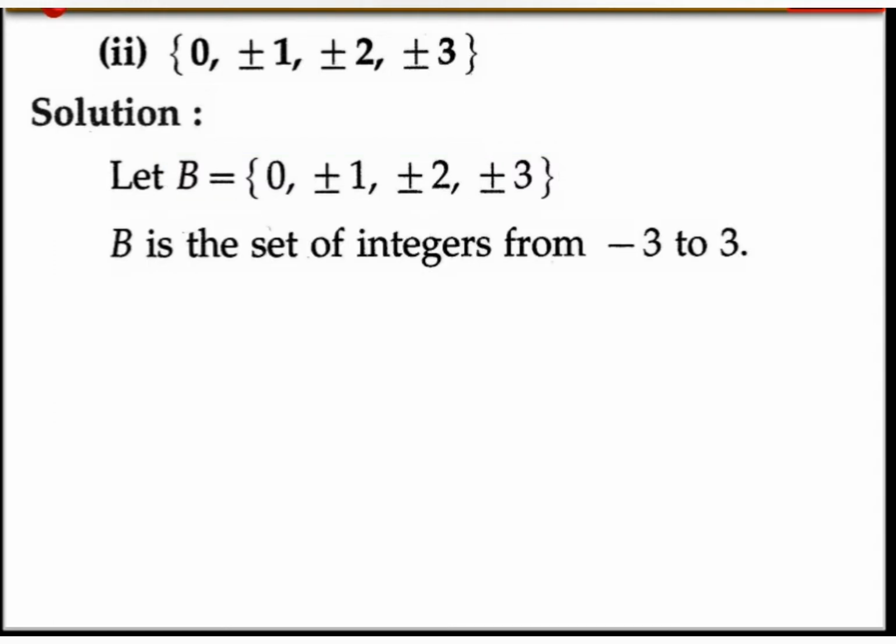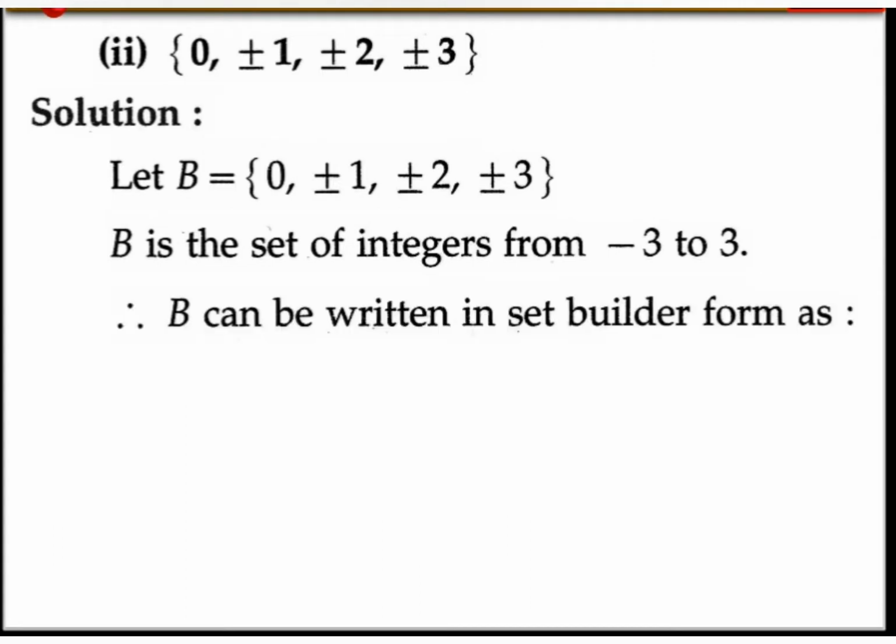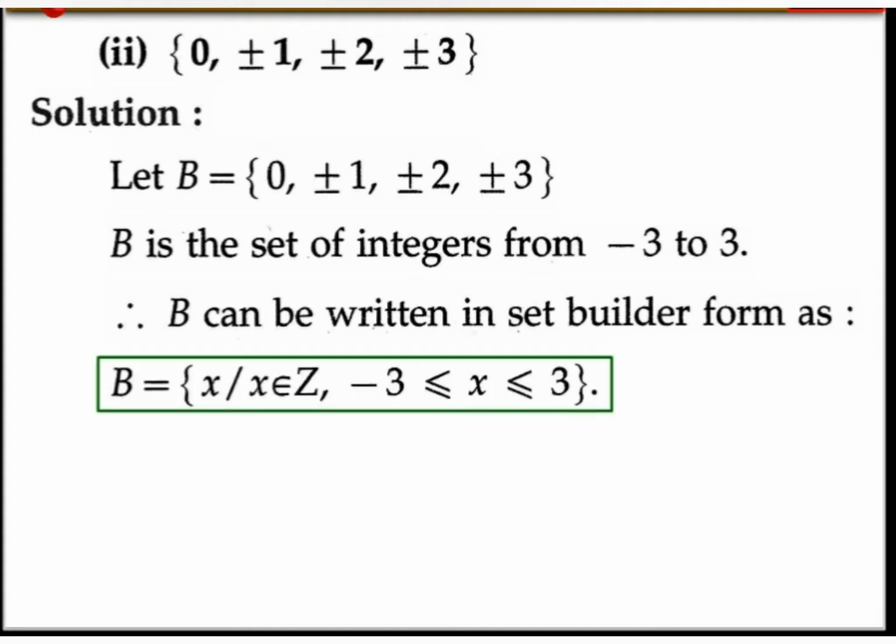Well, B is the set of integers from -3 to 3. Therefore, B can be written in set builder form as B is equal to the set of all x such that x belongs to Z, where x is greater than or equal to -3 but less than or equal to 3.